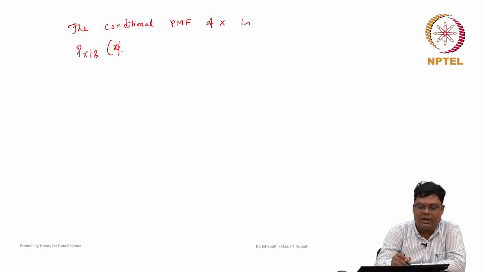So the conditional PMF of X given B is the probability that X is equal to small x intersection B, divided by the probability of B.